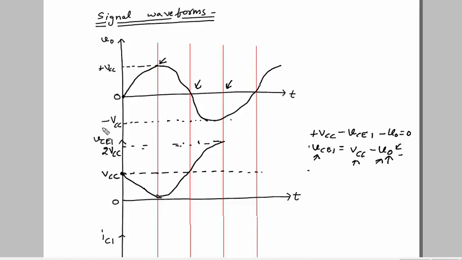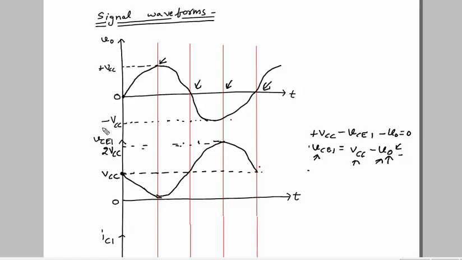And now at this point, V naught is 0, so VCE1 will be VCC. It will come back like this. That's why I have drawn this red line vertically for easy comparison. So this was the diagram of VCE1.